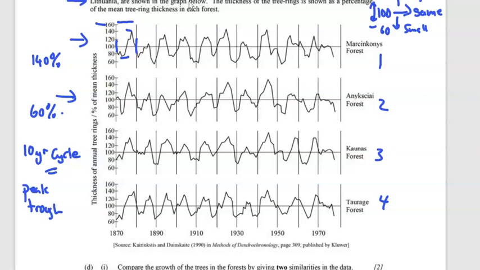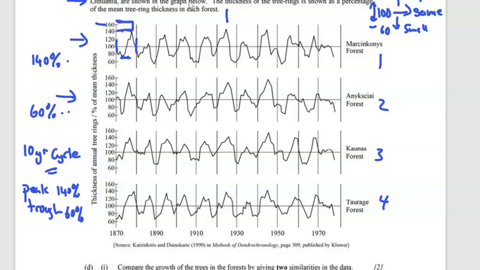And indeed, the numbers we identified earlier of about 140% down to somewhere around about 60% for the lower readings seems to be the measure. So we have the decade cycle, we have the 140 high, the 60 low.